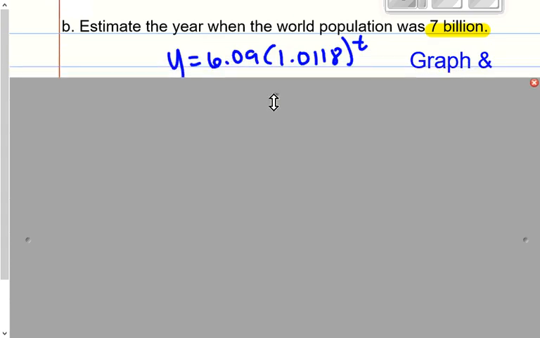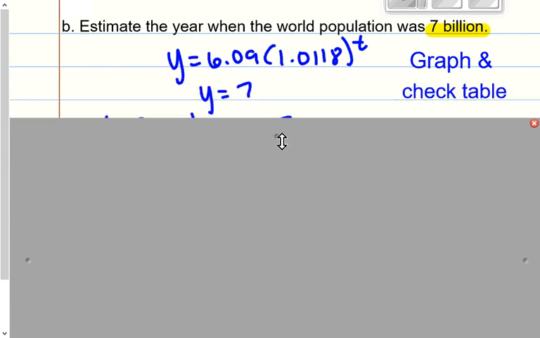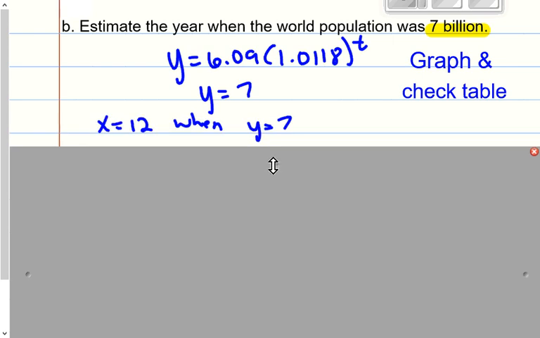So right here, we have Y equals 6.09 times 1.0118 to the T. The 7 billion is going to be our Y. So if Y equals 7 billion, you're going to graph it and check the table. X is 12, Y is 7. So that means if X is 12, that's 12 years since 2000. What year is that going to be?